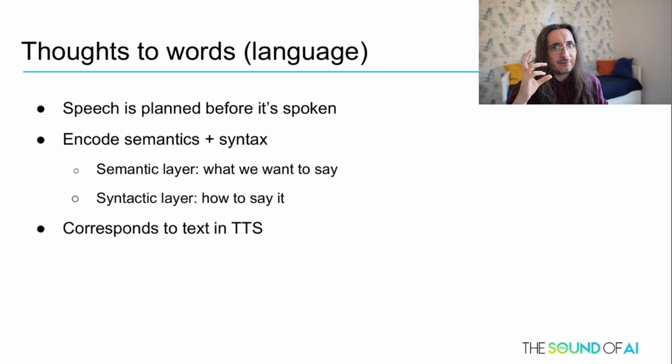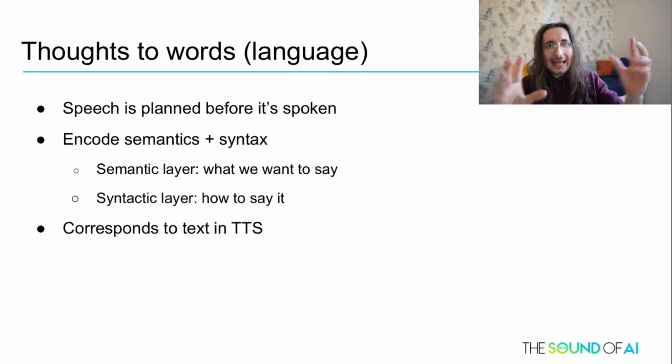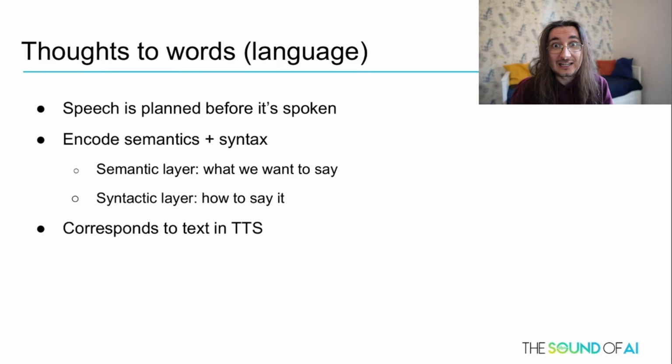But then we also have in language the syntactic layer. That's the series of rules of grammar that we use to construct sentences that work well and can be understood by other speakers who share the same language. Okay, so in language we have two levels, the semantic layer and the syntactic layer.